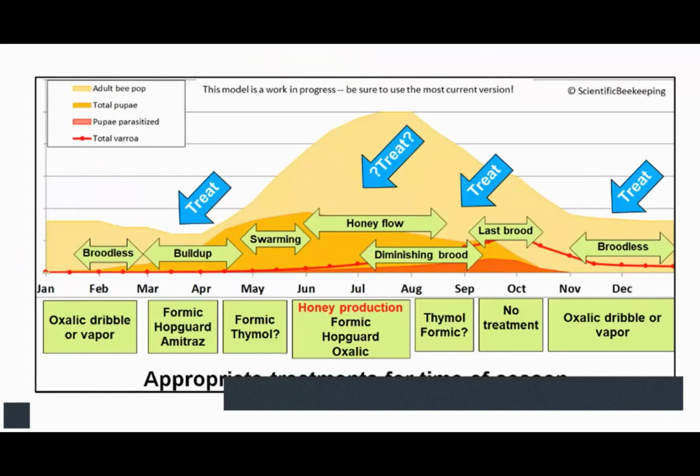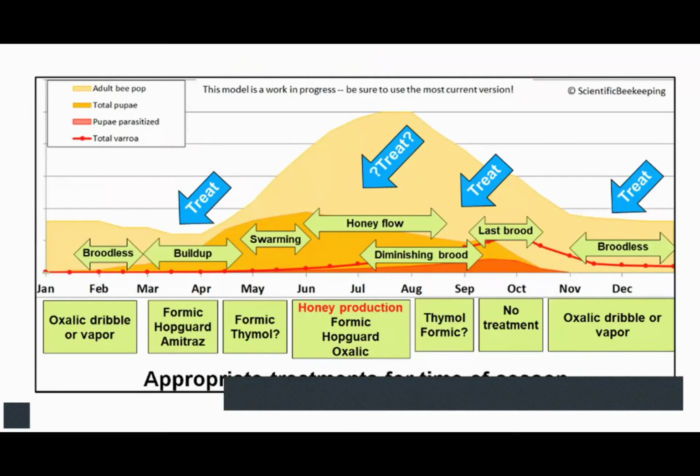When your hive's broodless, you want to use oxalic dribble or the vapor. You know that even when you have brood in there, you just have to do it different. And so in March and April, which is now, the Formic Mite Away strips, Hop Guard, and Amitraz, which is the Apivar, or you can do oxalic acid.